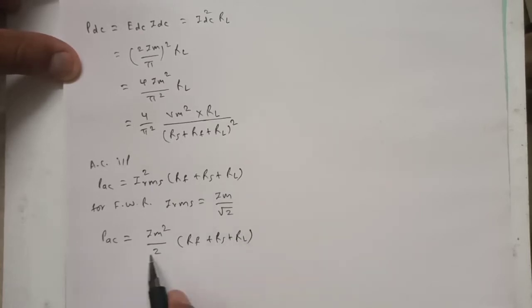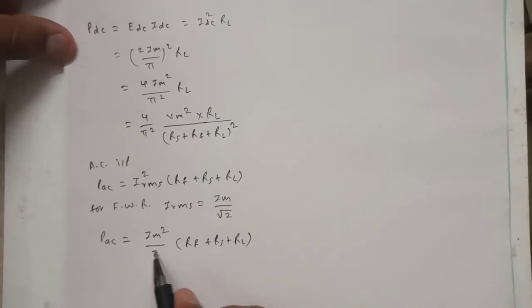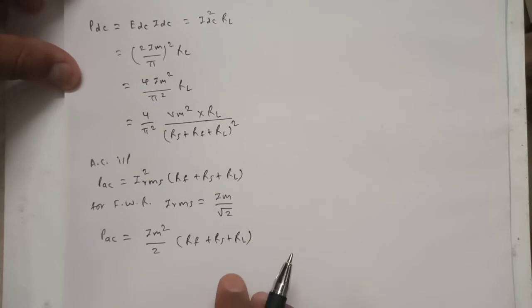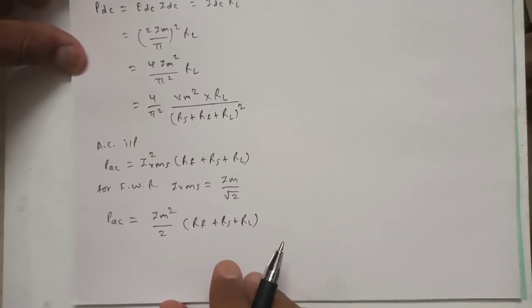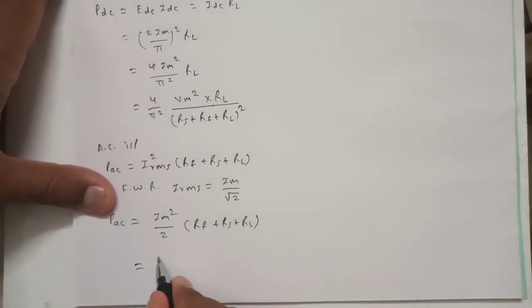So this is the equation for PAC. Further, we already have the equation of Im in terms of Vm, so I write that here.